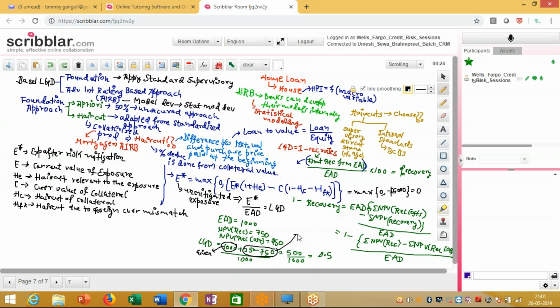So the recovery is the predicted part. So the entire interest in an LGD model would be to predict the recovery.